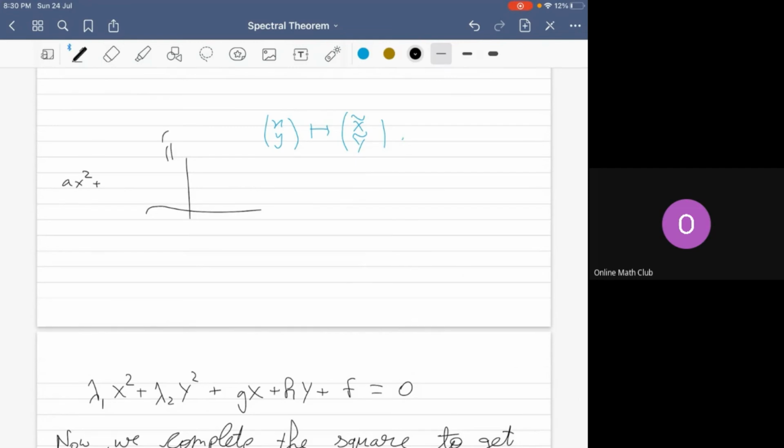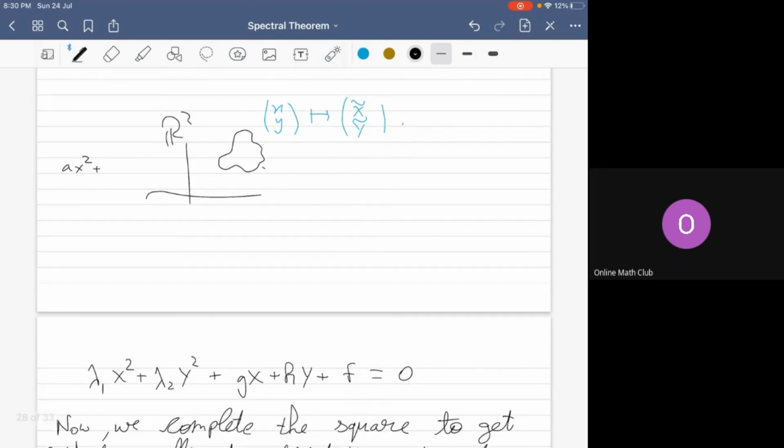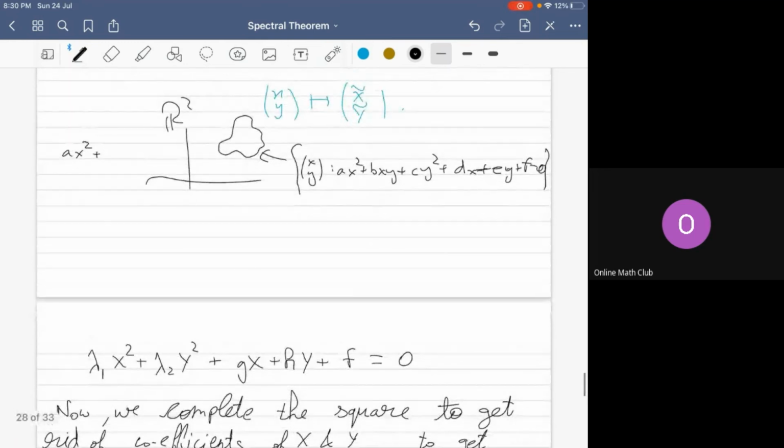Originally we had R squared and some shape, which was the set of small x small y such that some equation is satisfied, this thing plus dx plus ey plus f is 0, and with this isometry, we proved that this is an isometry, this shape gets sent to x tilde y tilde.